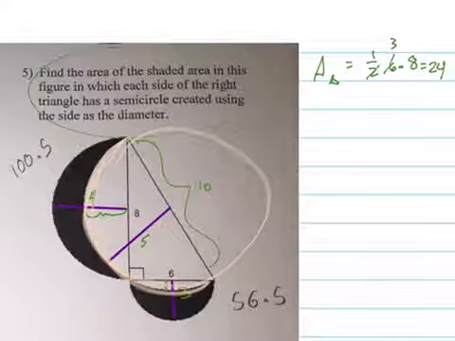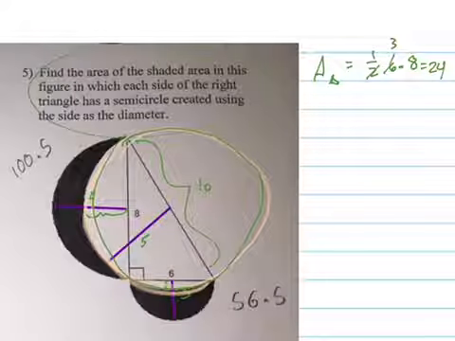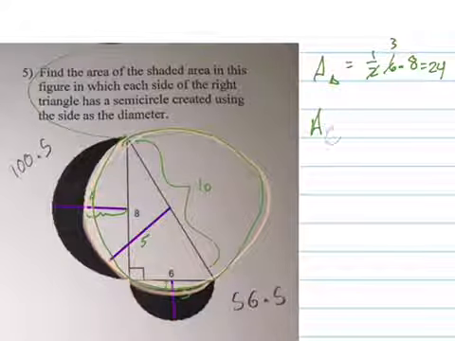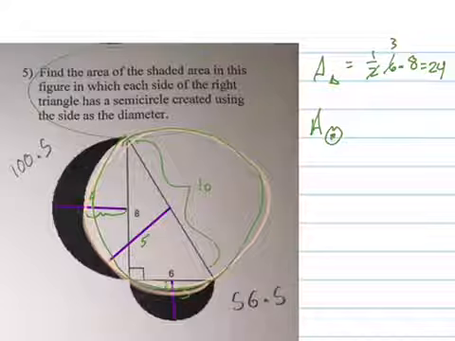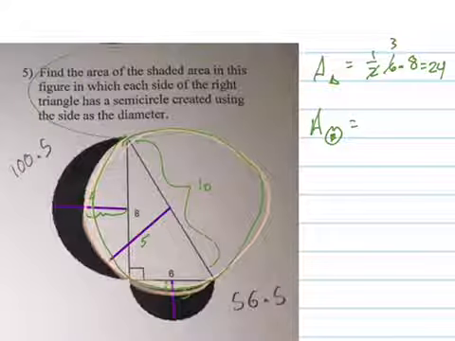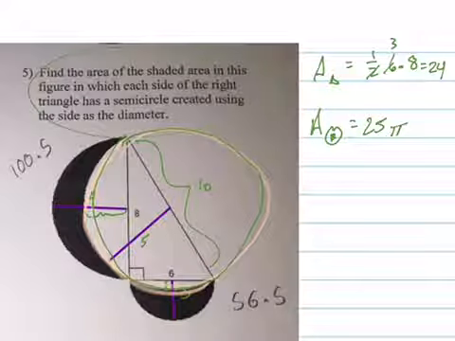The next thing we want to find is the area of the biggest circle in here. The area of the big circle equals pi r squared, and r is 5, so 25 pi. But then we really only want half of that.